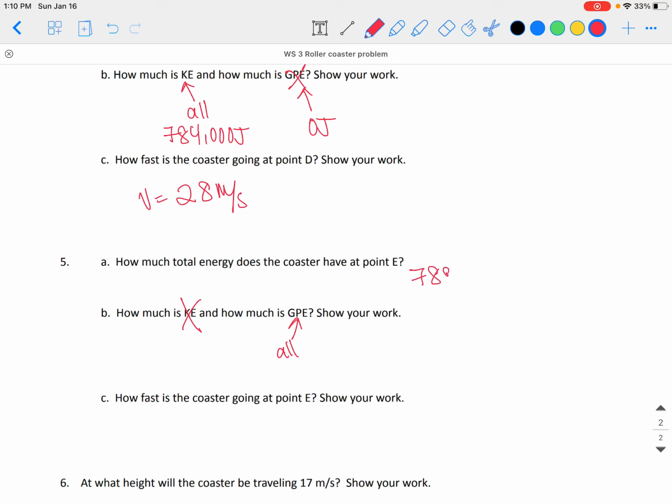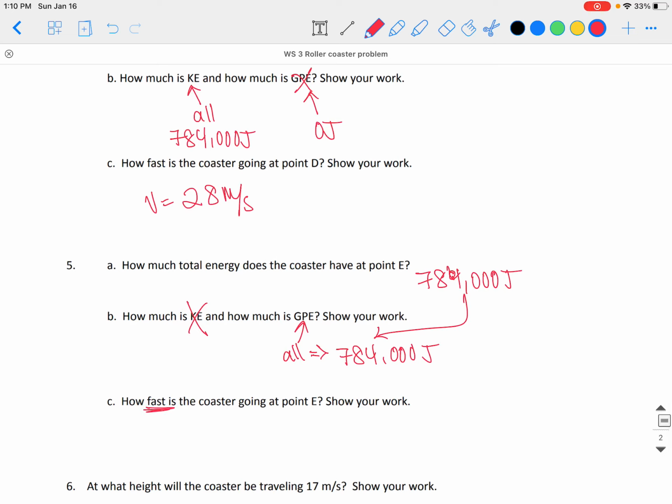If it's 784,000 joules total, then it's going to be a GPE of 784,000 joules. How fast is the coaster going at point E? Well, the speed is related to kinetic energy. If the kinetic energy is 0, the speed is also 0.